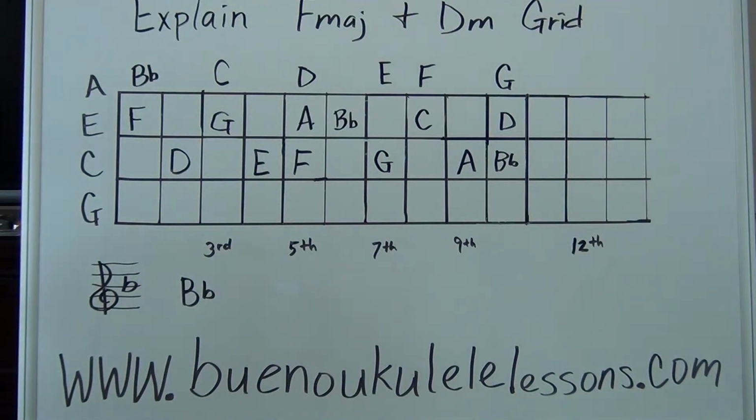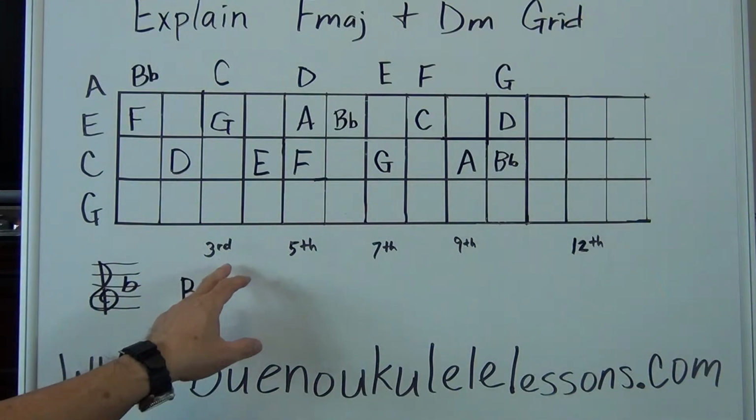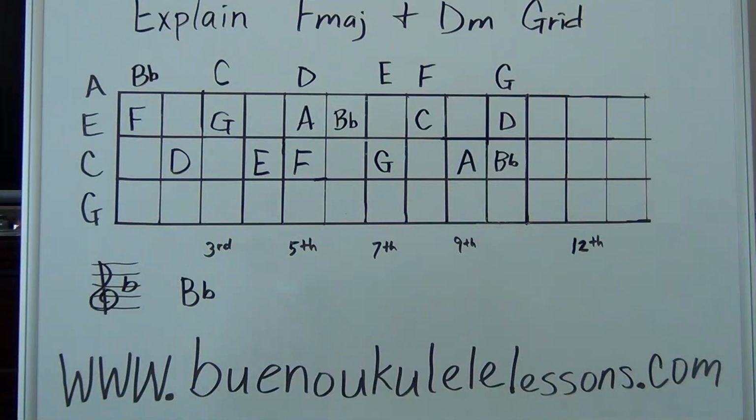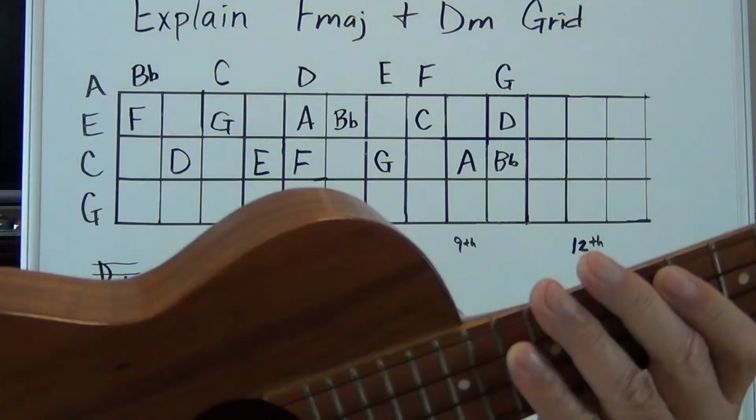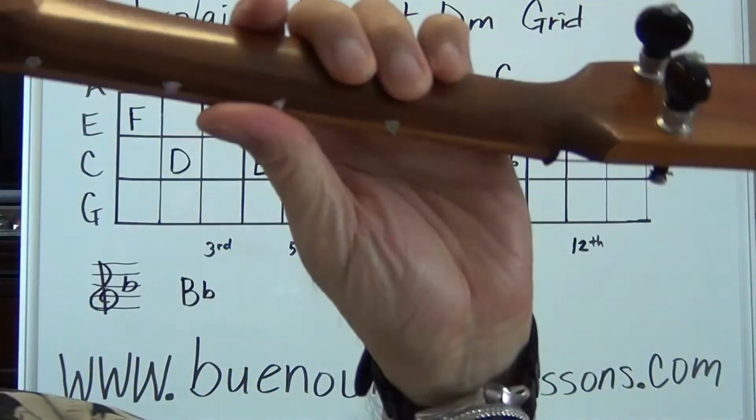Okay. One thing to pay attention to is the location on the ukulele fretboard. On top of here, you can see 3rd fret, 5th fret, 7th fret, etc. What I did on one of my older ukuleles was put some dots on it.